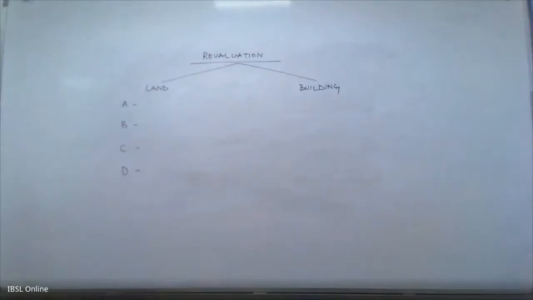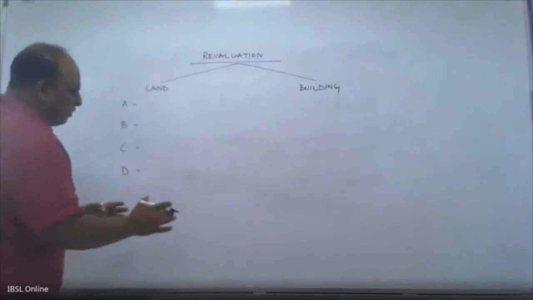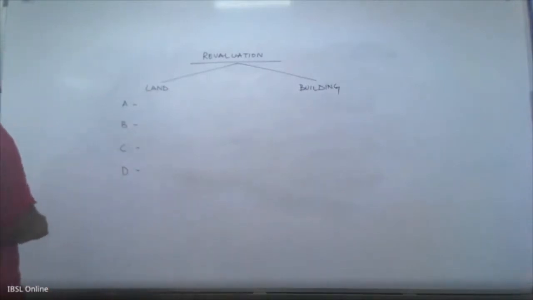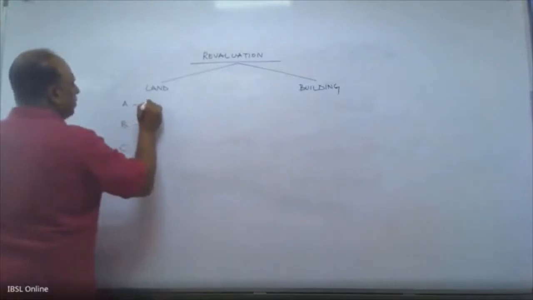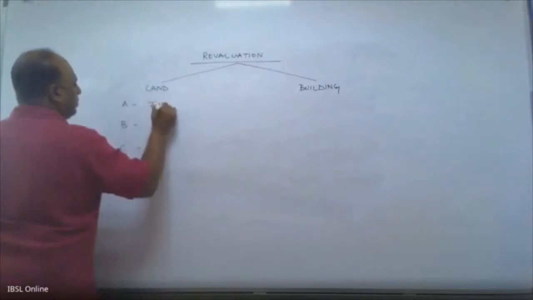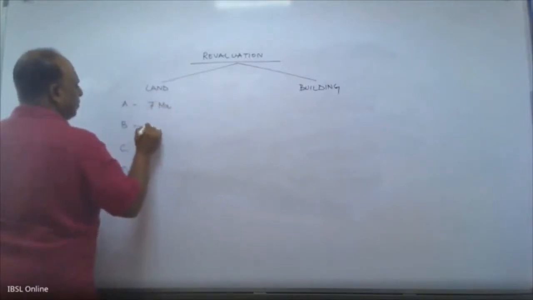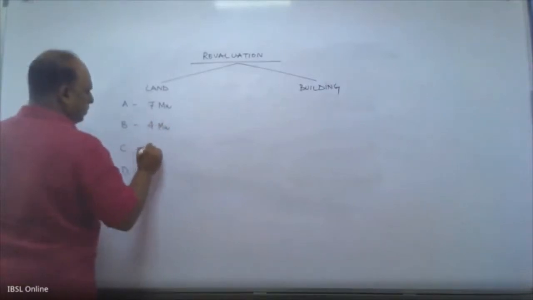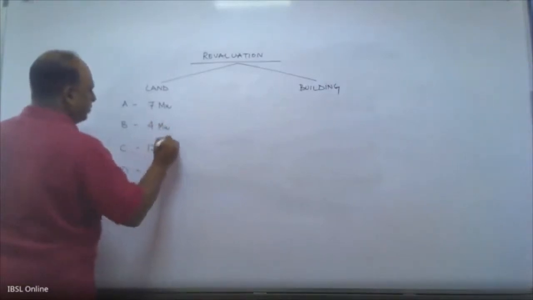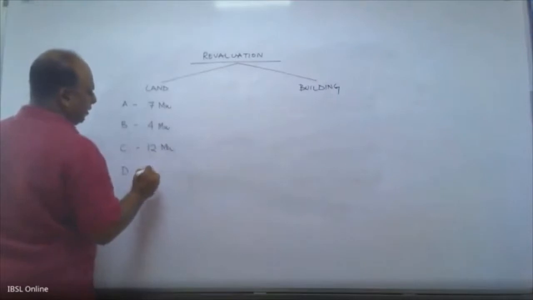Then let's assume the carrying value, that is what is the value that you are having in your books now. So let me put 7 million, 4 million, 12 million and 20 million.